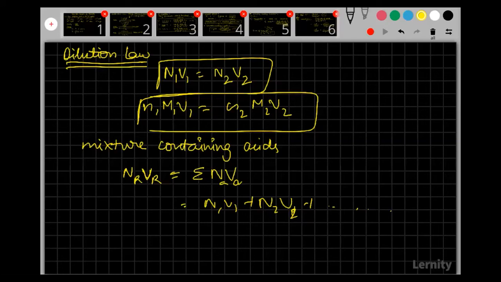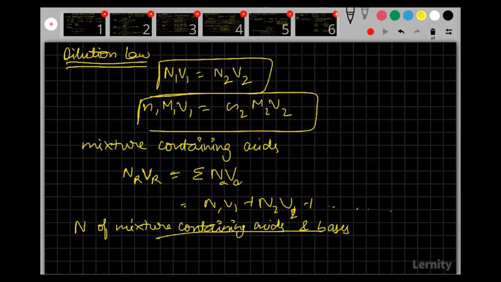But if we want to calculate the normality of a mixture containing acids and bases, we have to take care: the resultant normality into volume is given by the summation of NV of acids minus the summation of NV of bases.